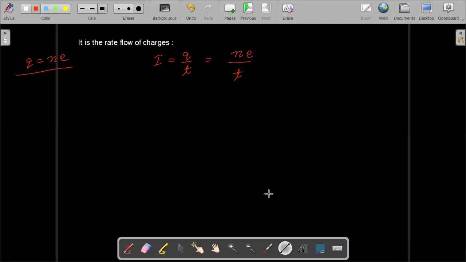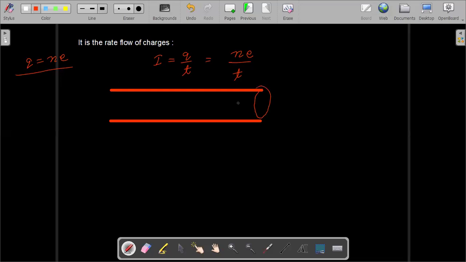So see how we study this. We consider a wire here. So let's say we have a wire, and through a cross section of this wire, suppose we consider a cross section of area A, and now we consider the electrons crossing this cross section. So we find out how many electrons are crossing this cross section per unit time.